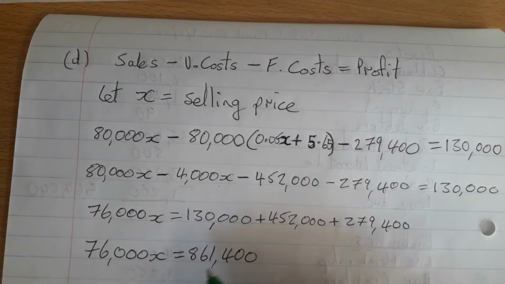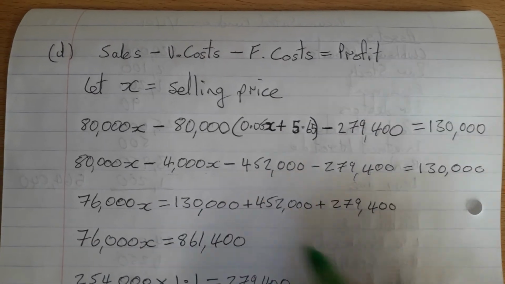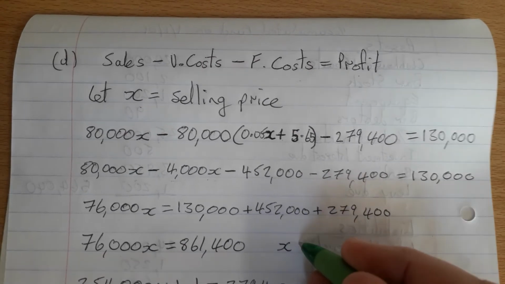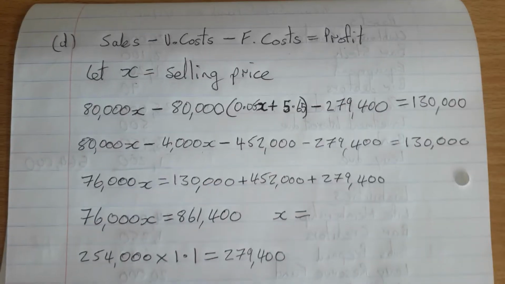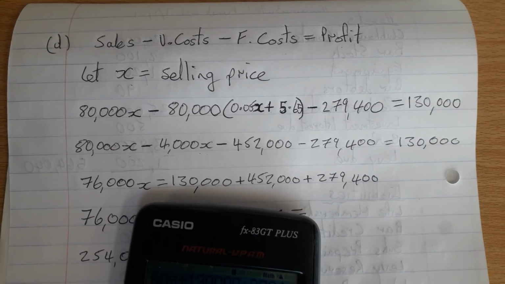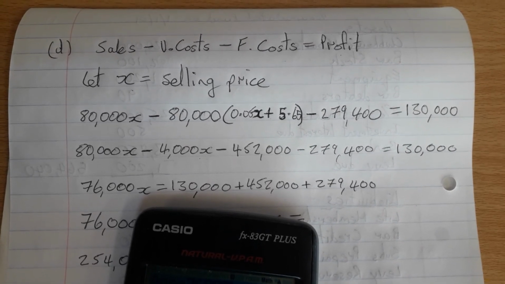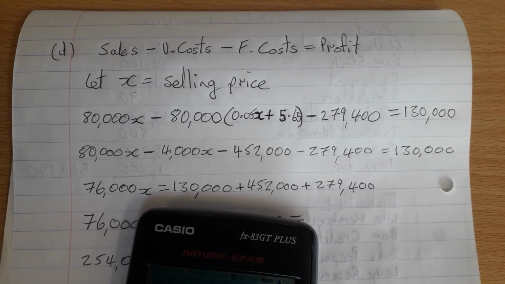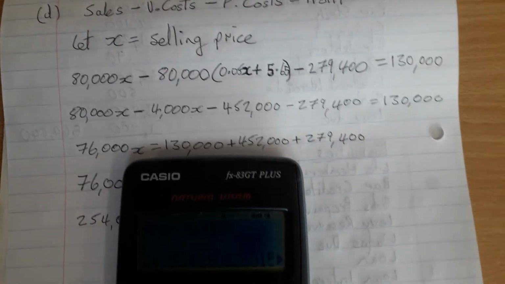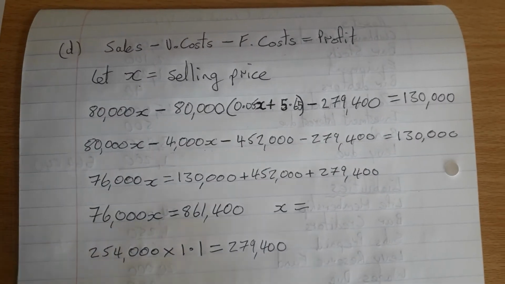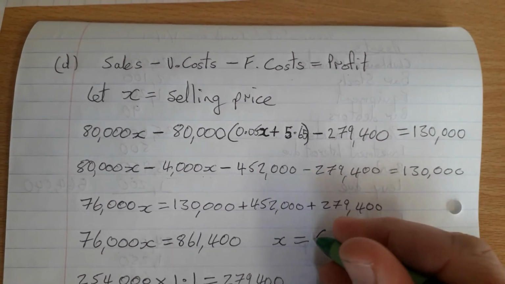So going over here, I'm going to divide both sides by 76,000 to leave me with x on one side. And dividing this by 76,000 gives me 11.3342. So in this case, it's the selling price we're looking for.